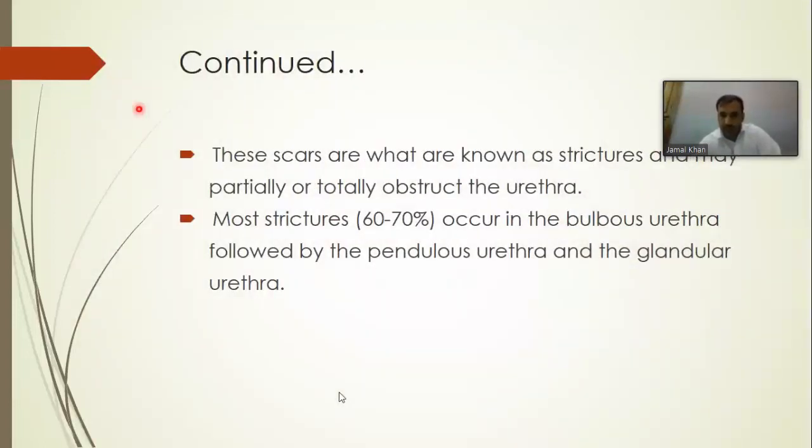These are what are known as strictures and may partially or totally obstruct the urethra. Most strictures, 60 to 70%, occur in the bulbous urethra, followed by the pendulous urethra and the glandular urethra.